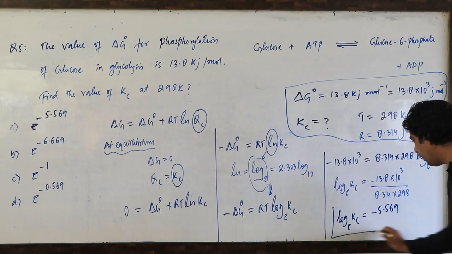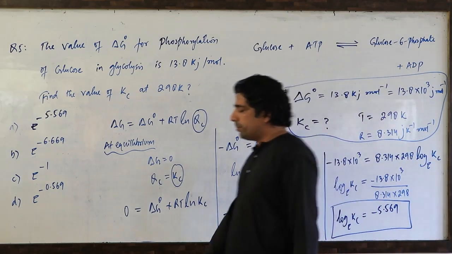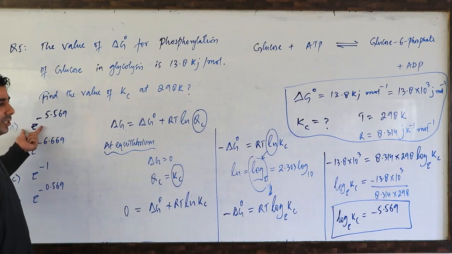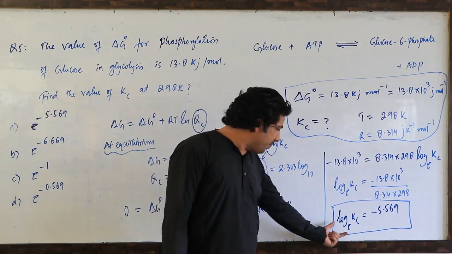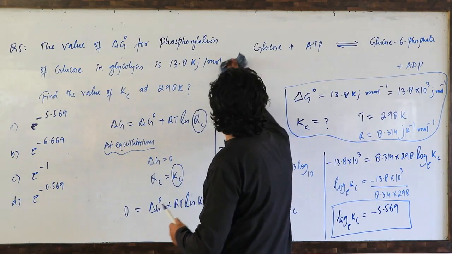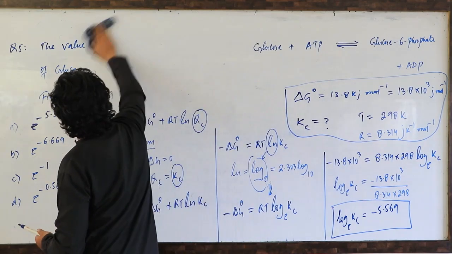But I actually want the value in terms of e, that is Euler's base. So how can I get the value in terms of Euler's base? I have to simplify this particular term here. For that I would like to create some space and write this down.